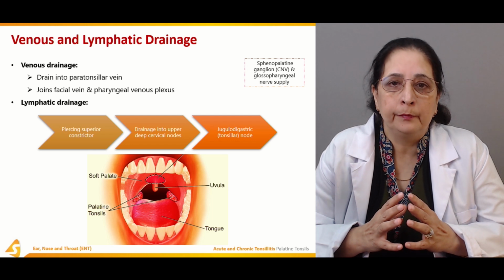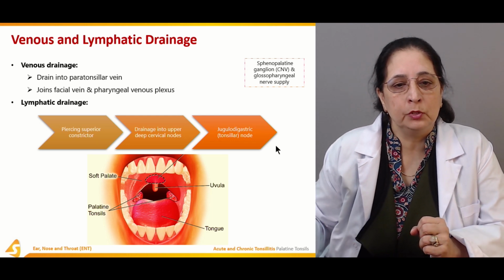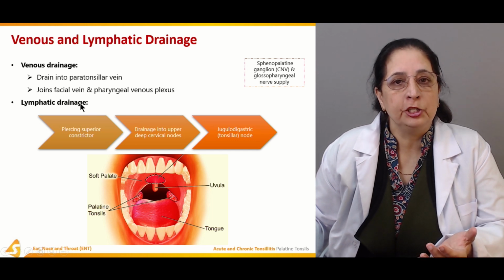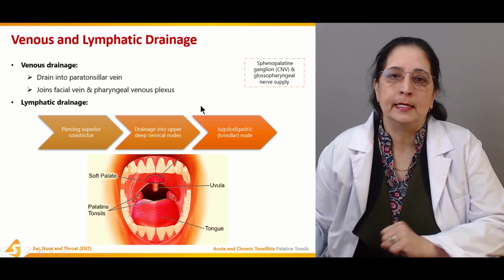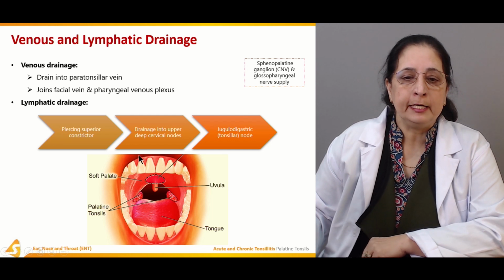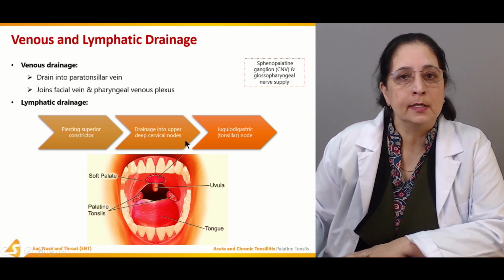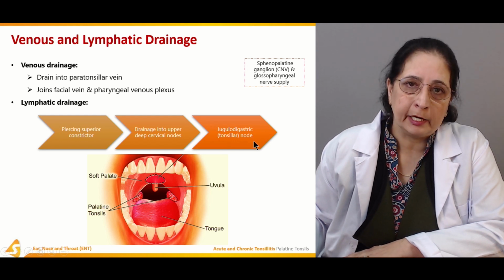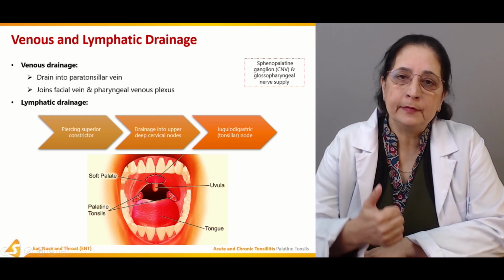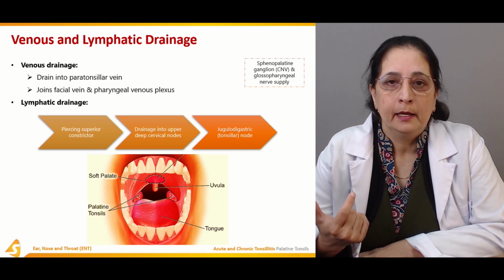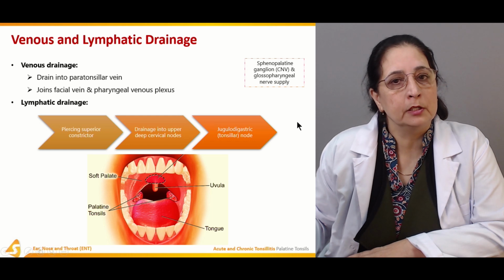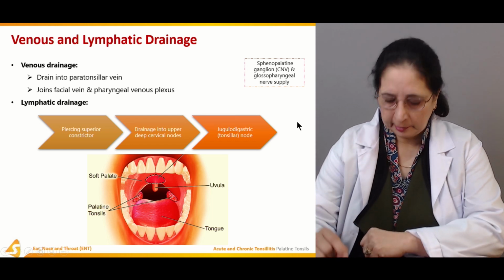And the venous drainage goes to the paratonsillar vein that again joins the facial vein and pharyngeal venous plexus. The lymphatic drainage is to the upper deep cervical lymph nodes and then jugulodigastric nodes, and the nerve supply is through the 5th cranial nerve and the glossopharyngeal nerve, which is also a cranial nerve.